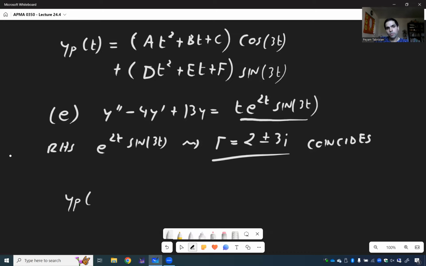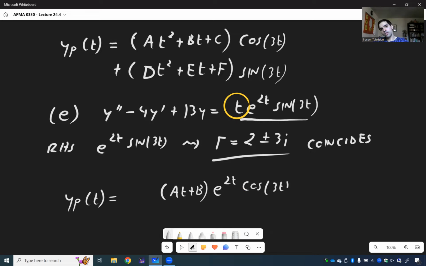Now let's see what we do. This t has degree 1, so you replace it by at plus b, times e to the 2t cosine 3t. And again, whatever happens with sine, you do it with cosine: ct plus d, e to the 2t, sine of 3t.